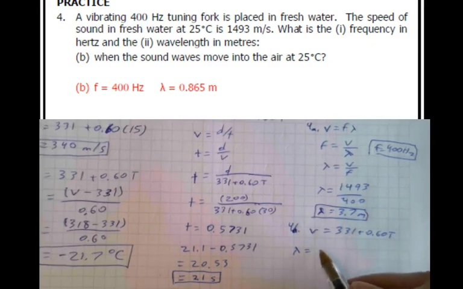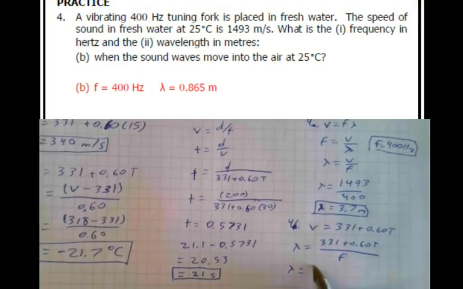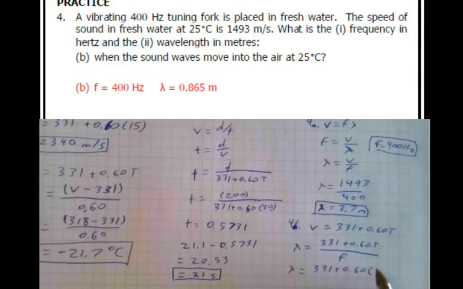So lambda would be this v, 331 plus 0.60 T, over the frequency. So lambda is 331 plus 0.60 times 25 divided by 400.